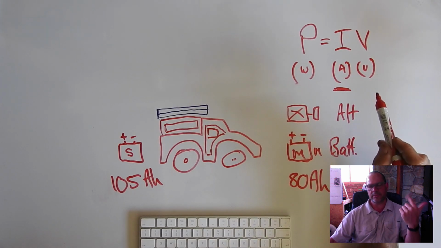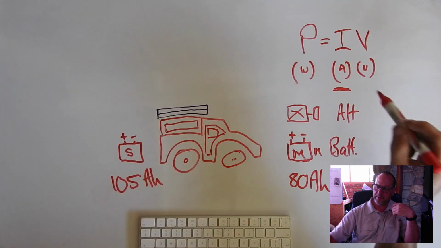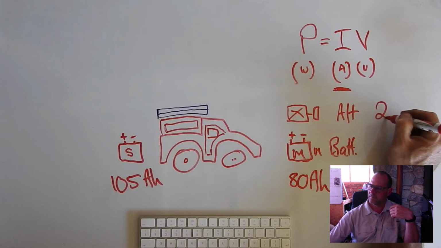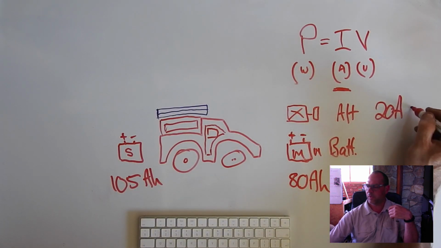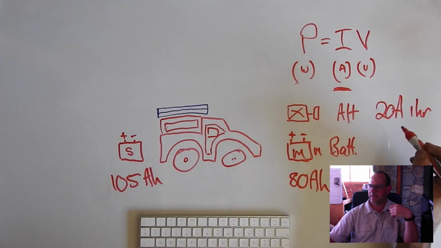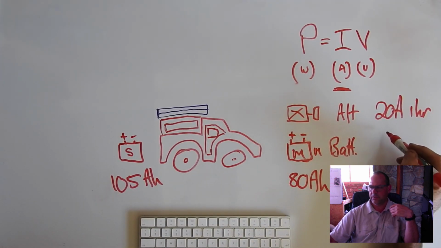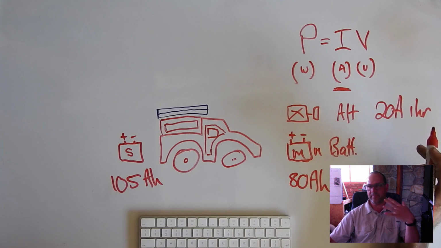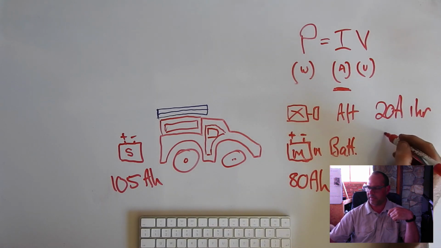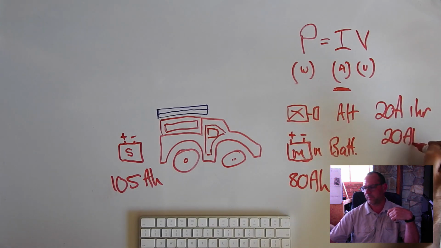So if I pump 20 amps for 1 hour, then I have produced in battery life 20 amp hours.